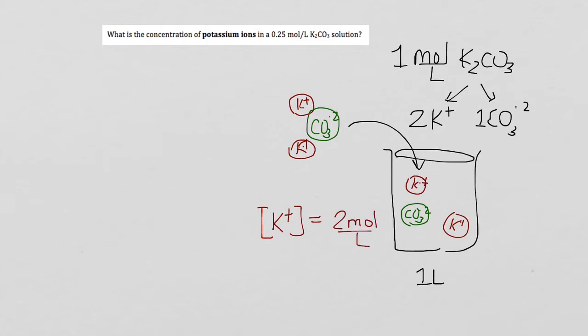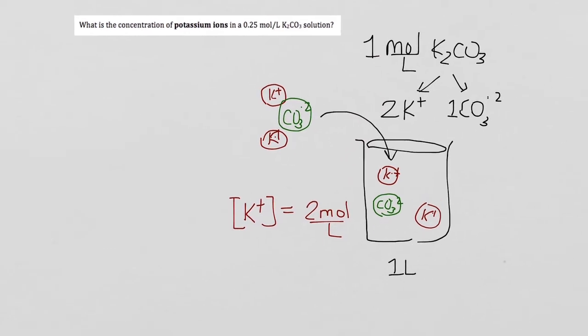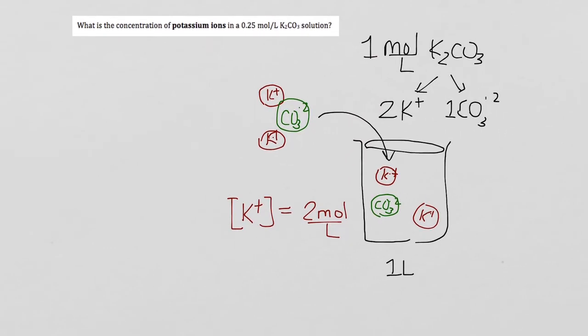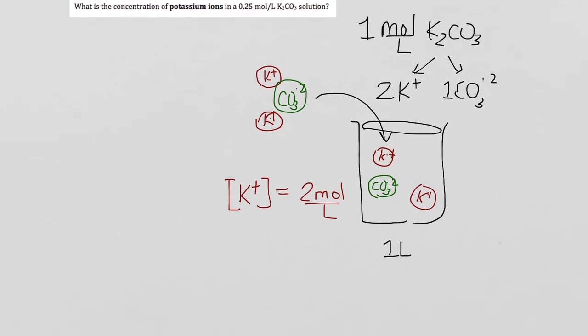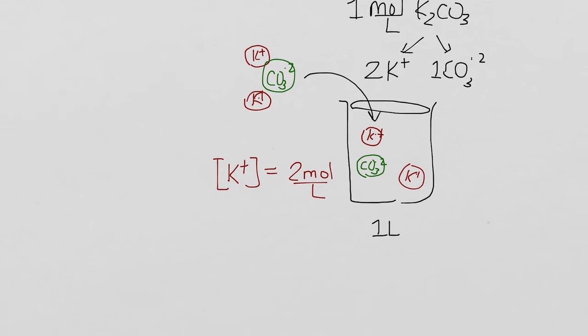That's if we start with 1 mole per liter of the compound. So the relation here is to multiply by 2. Now that we know what the relation is, let's look at the specific numbers in this question. What is the concentration of potassium ions in a 0.25 moles per liter potassium carbonate solution?